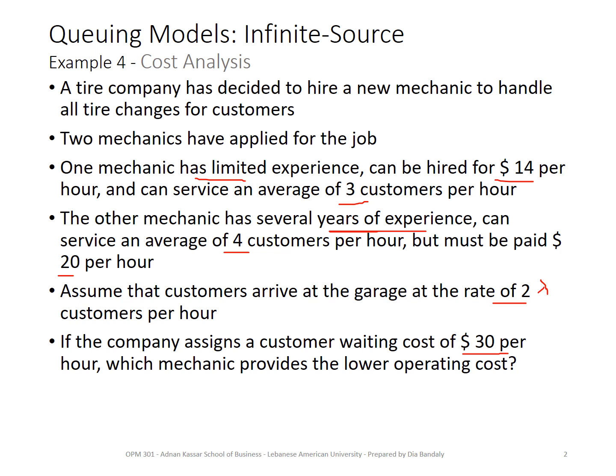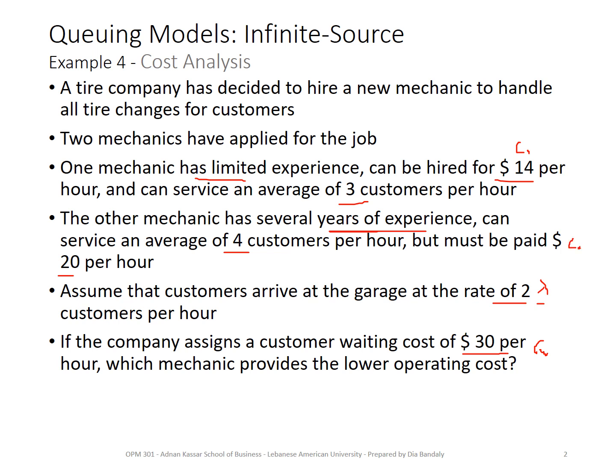All right. So what do we have in this case? We are given CW, which is 30. We have lambda. So whether we go for option 1 or option 2, CW is the same and lambda is the same. But what would change is this. CS is $14 in this option, and it's $20 in the other option.